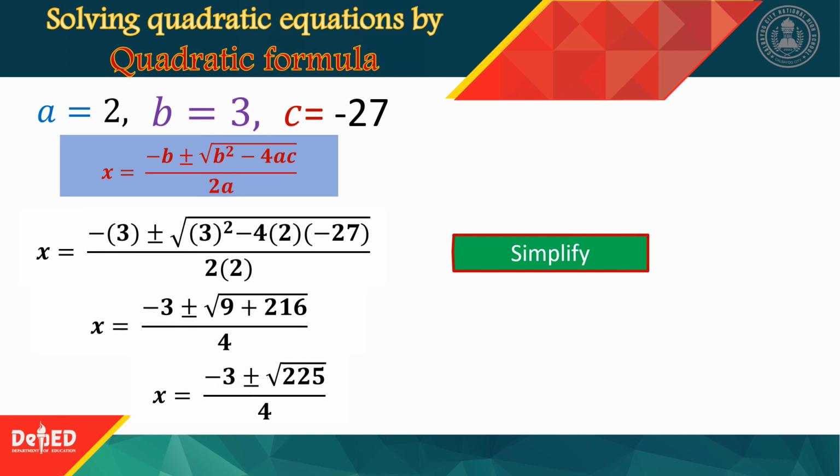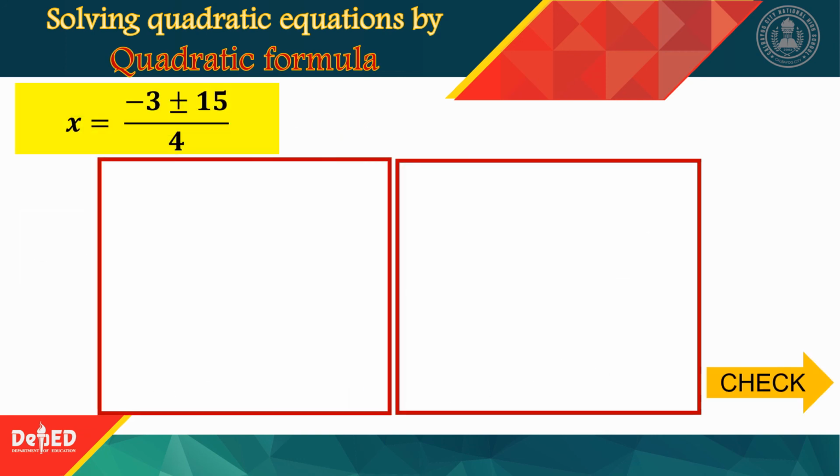Then x is equal to -3 plus or minus the square root of 225 over 4. We have x is equal to -3 plus or minus 15, which is the square root of 225, over 4. So we have x is equal to -3 plus or minus 15 over 4.